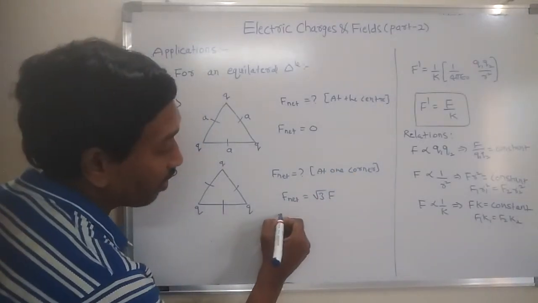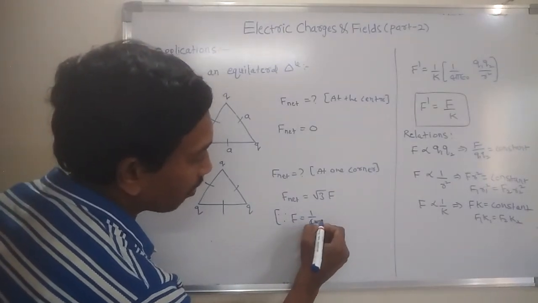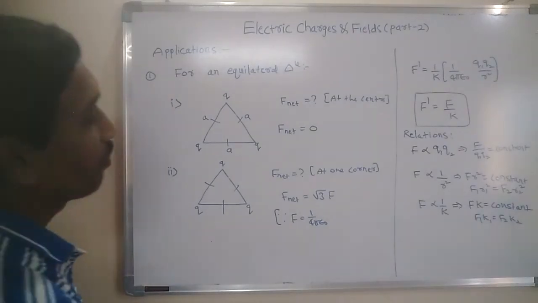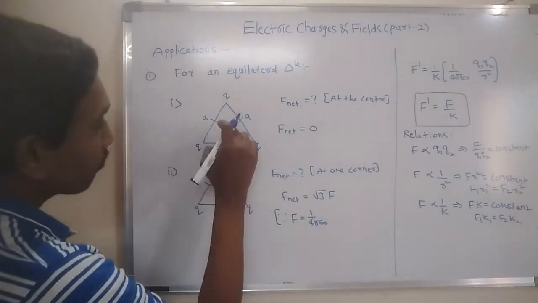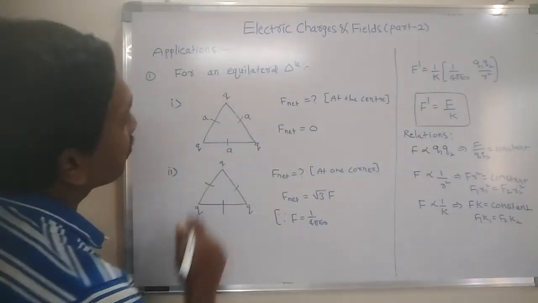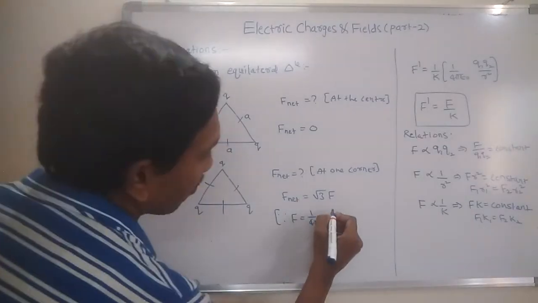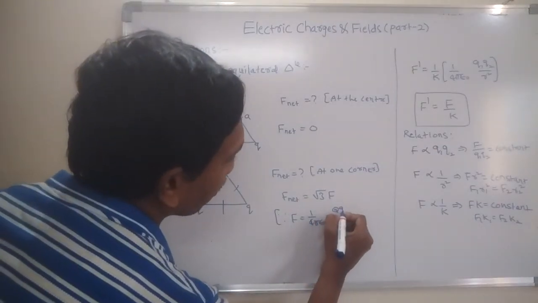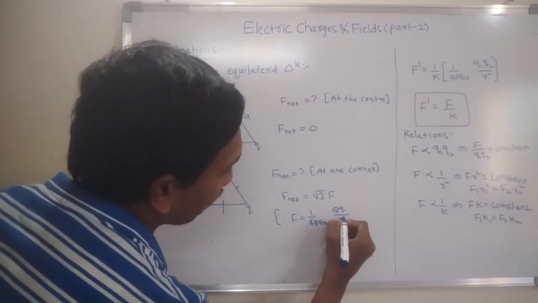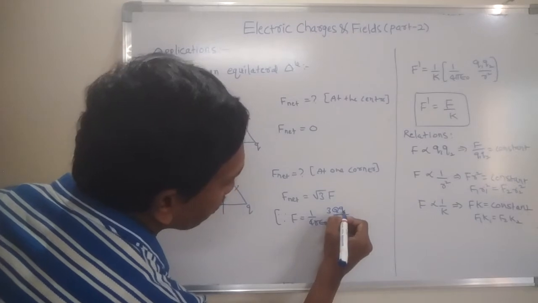What is F here? F is similar to 1 by 4 pi epsilon naught into the expression here. The distance from the center is a by root 3. If you consider another charge, capital Q into small q by r, with r equal to a by root 3 whole square, meaning a square by 3, so that means 3 capital Q small q by a square.